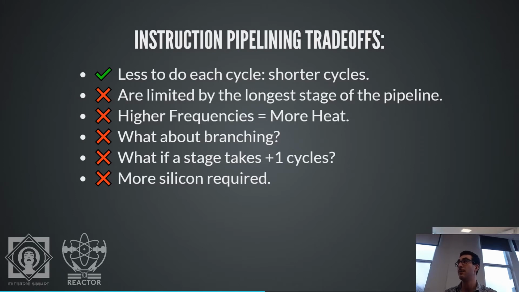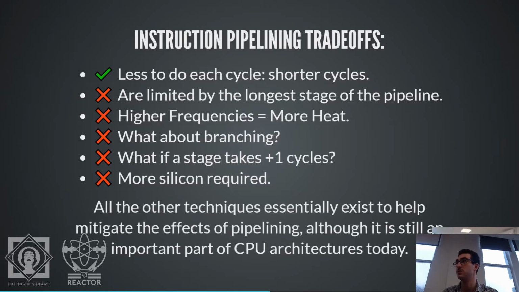And the longer your pipeline is, the longer you're going to have to wait. Also, sometimes a stage might take more than one cycle. If a given instruction requires a piece of arithmetic, that might take 5 clock cycles, and that might potentially stall your entire pipeline. And also, you just need more silicon, and that's expensive. But that's the thing we've got, because we've got denser CPUs.